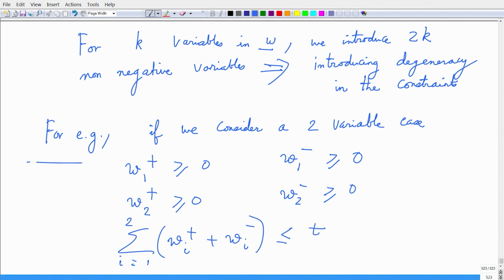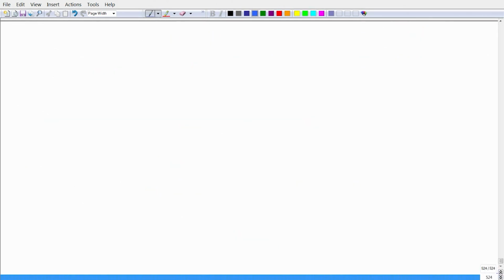We just have a linear constraint and that is degenerate. So, these are some techniques where we can simplify our problem further, but the consequence is we bring in additional variables and then we will have to consider this in our optimization problem.